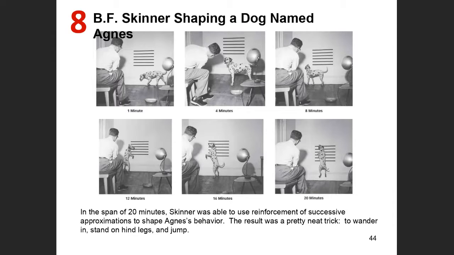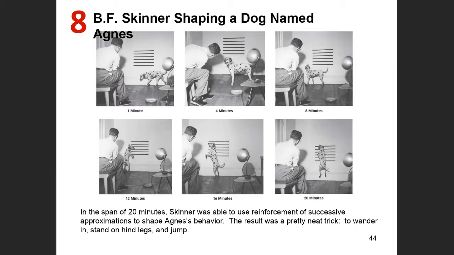What you do is you reward behaviors that get you close to what you want. For example, we use shaping in order to potty train children. We can't wait until they actually use the potty in order to get them potty trained. We have to actually initially start out just praising them for sitting on the potty.